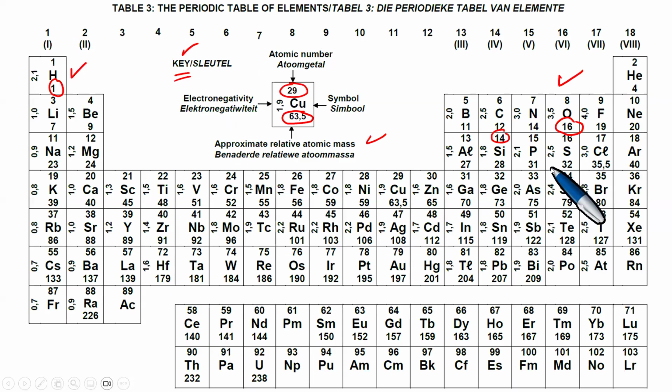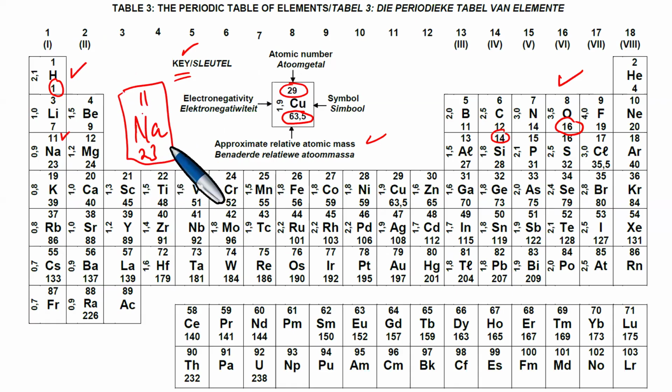If you check very carefully, element 11 is sodium. So if you have 11, it's sodium, and it is 23 here. So it's 11 sodium, 23. Now, atomic number is the number of the protons, and therefore there are 11 protons here, and this shows sodium.